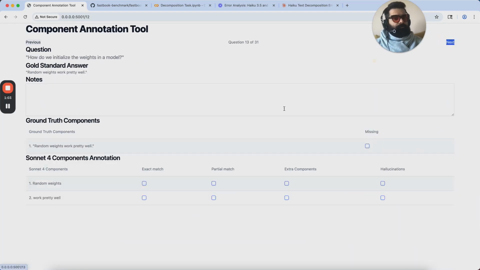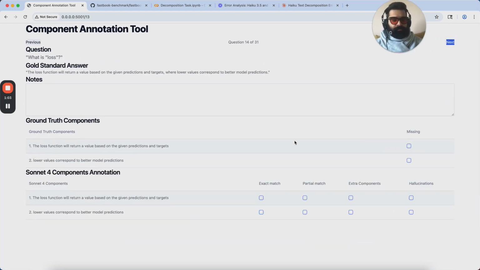Cool. Here we go. Similar result, or exact same result, exact same between Sonnet and Haiku.